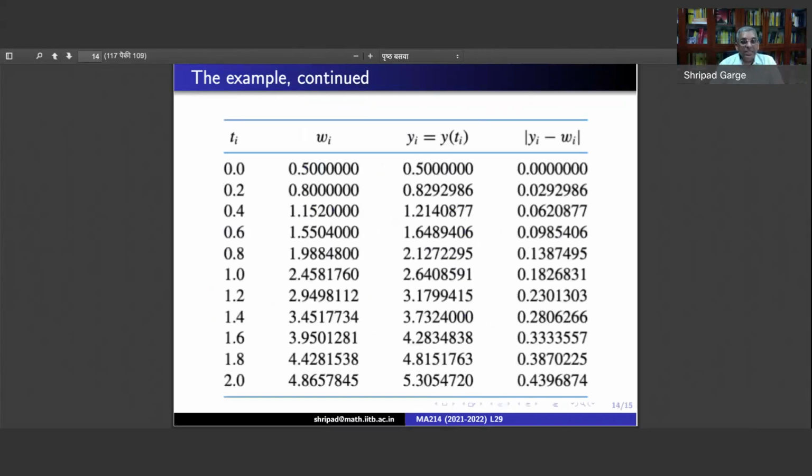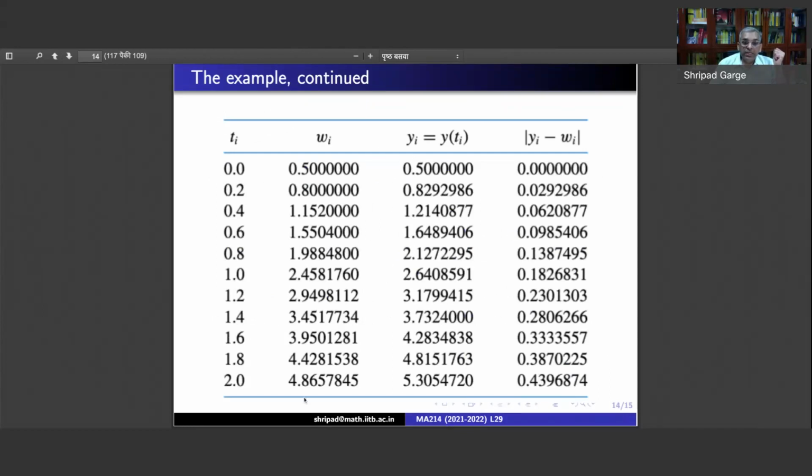So we see that at the initial value, we have no difference at all because the initial values are the same. Then as you go on taking various values for Ti, the errors start getting bigger and bigger because you are perturbing the problem itself at each step.